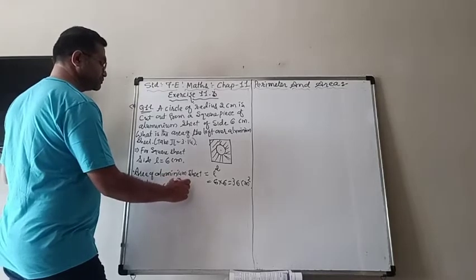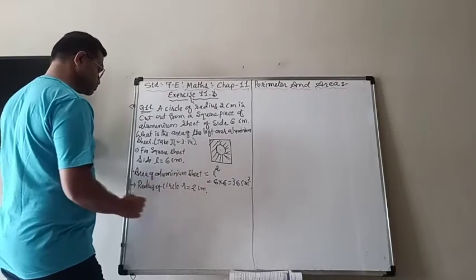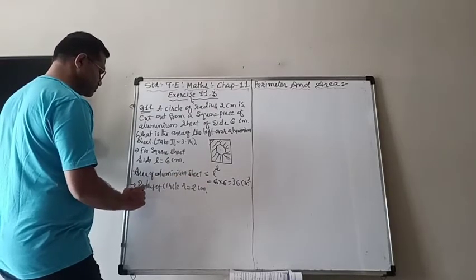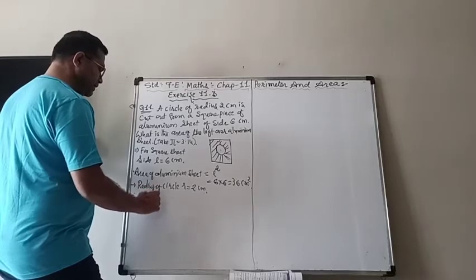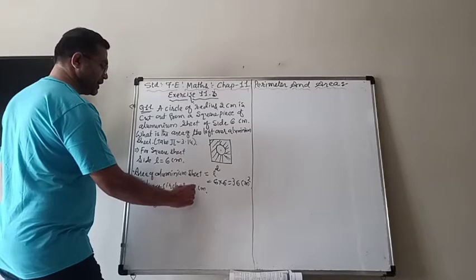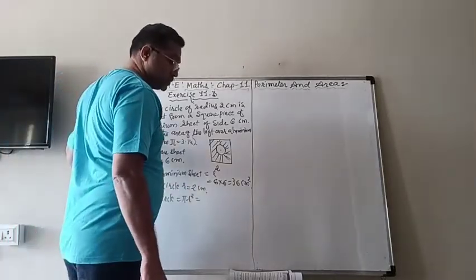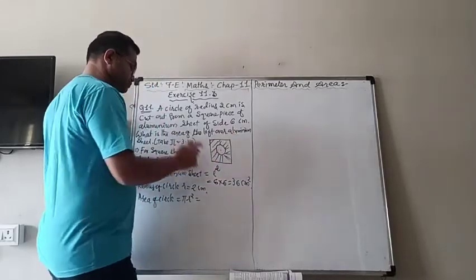Now radius of circle is given. R is 2 centimeter. So area of circle, that is pi r square. Now pi is given as 3.14.